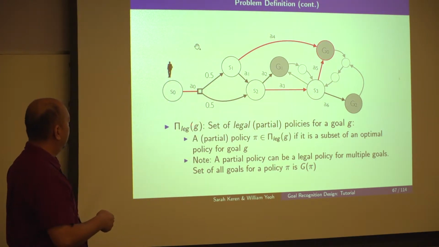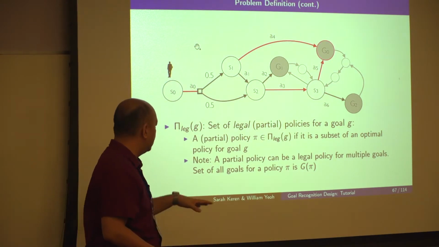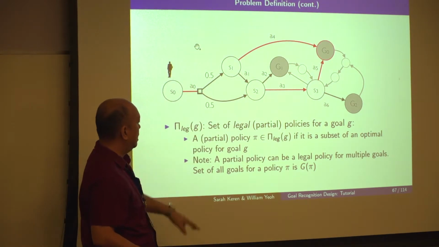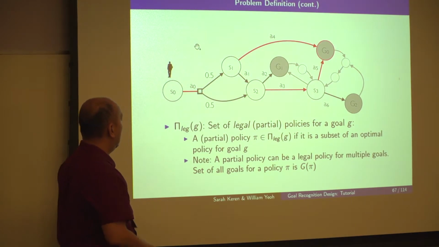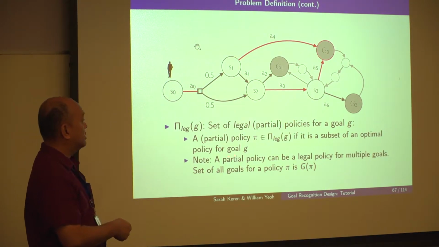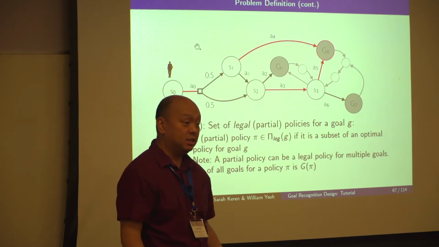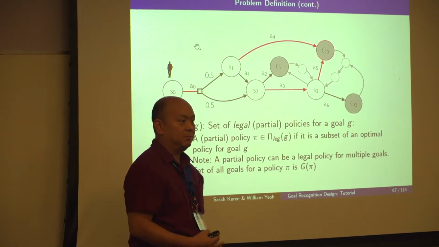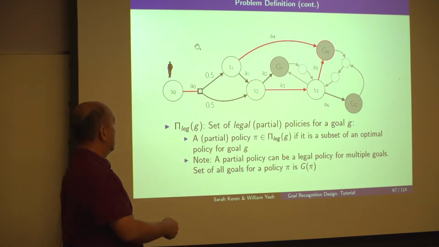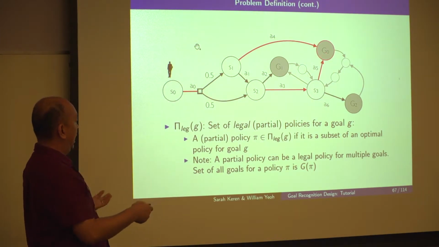And what we call here the set of legal policies, if the agent is optimal, is the set of optimal policies for a particular goal. And it could also be a partial policy. So in this case, it is a partial policy. A complete policy is a policy for every state. A partial policy is just a policy for some subset of states, right? So if the goal is G0, then these are the actions that they want to take.